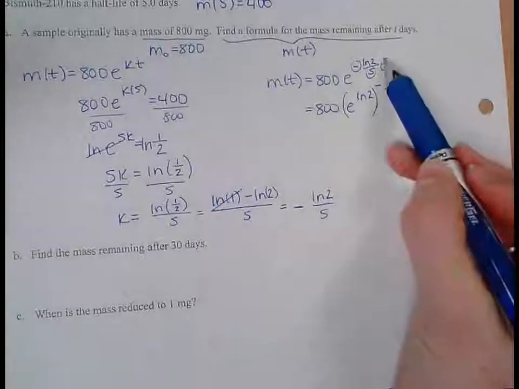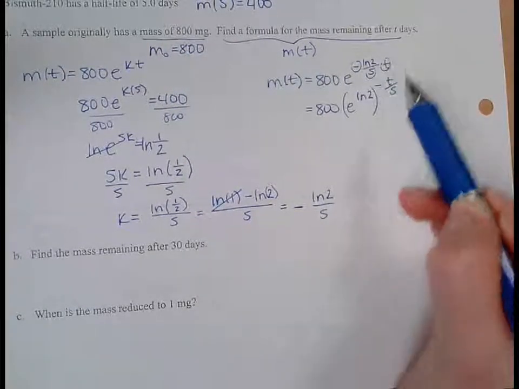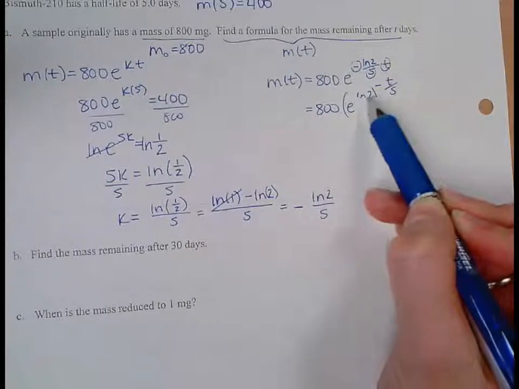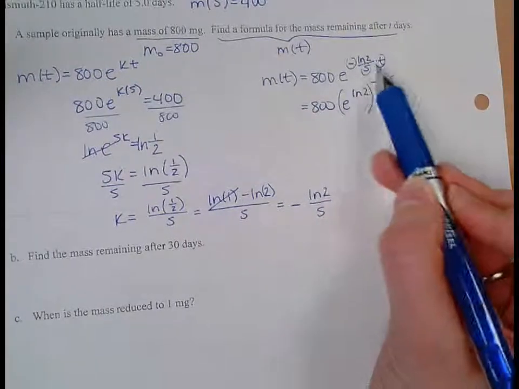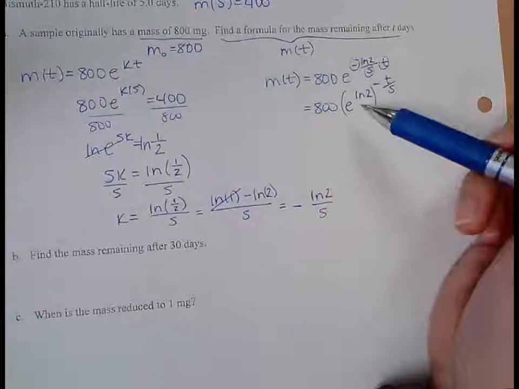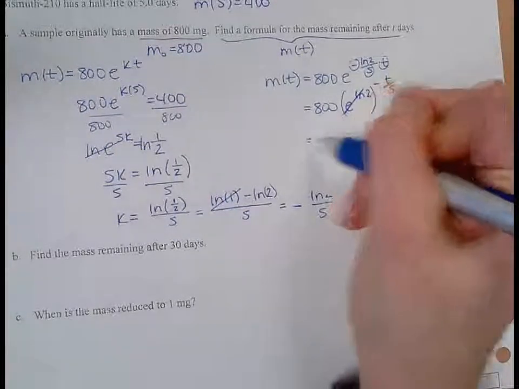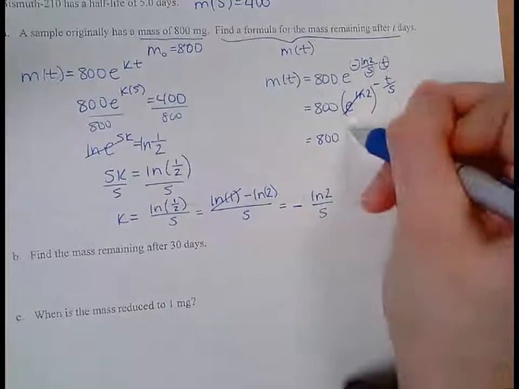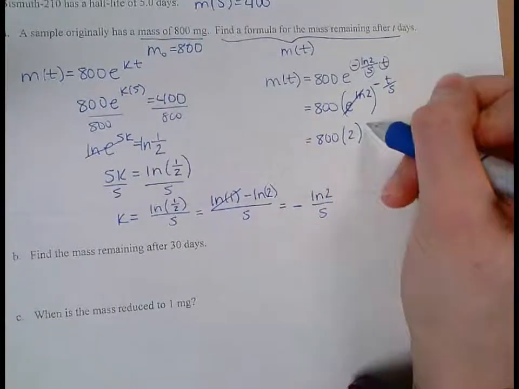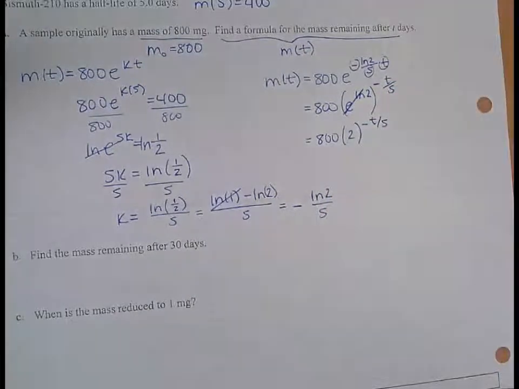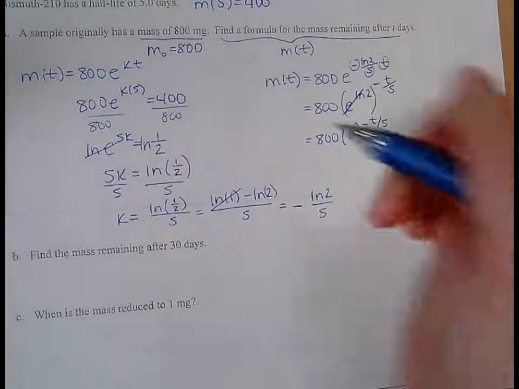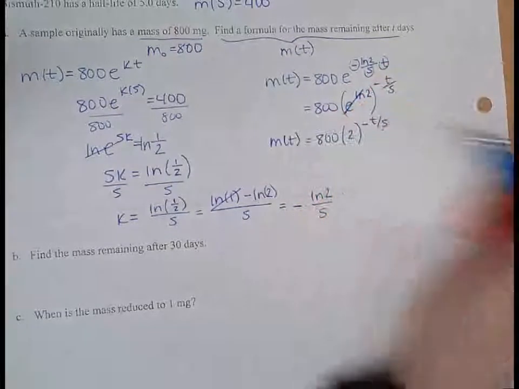So because that's all a product of two exponents, I am allowed to do this, because if I multiplied these, I would just get back to this. I just rearranged it. But then this e and natural log would cancel. So I would have 800 times 2 to the negative t over 5. And that would be m of t.